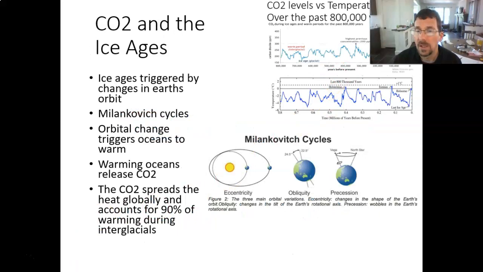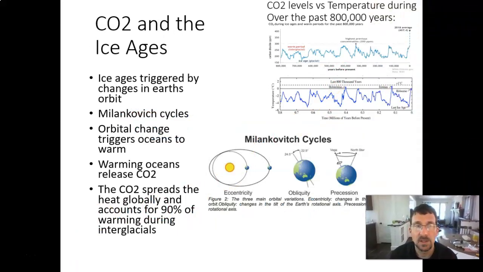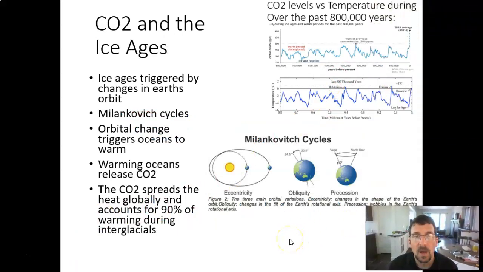Okay, so this next slide is to illustrate how and what was driving the ice ages. Because if today we're talking about climate change and a lot of warming happening, we've seen a lot of warming happening in Earth's past, even including recent times during the Pleistocene.